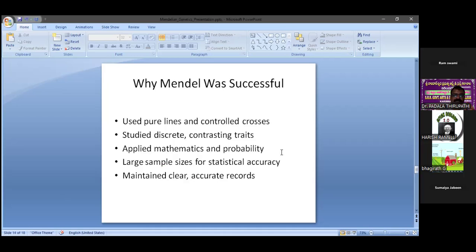We can explain in the next slide what type of inheritance laws are expressed. So why was Mendel successful during his hybridization experiments? First of all, he used pure lines and controlled crosses, studied discrete and contrasting traits, applied mathematics and probability, used large sample sizes for statistical accuracy, and maintained clear and accurate records.